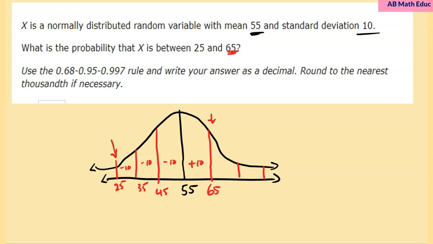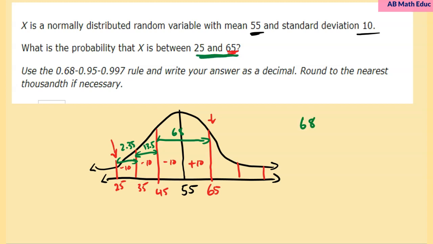What we need to know is, remember, this is 68. Okay, and this little piece here is 13.5, and here is 2.35. So we have to add all of them together, and that will help us with what is in between here.